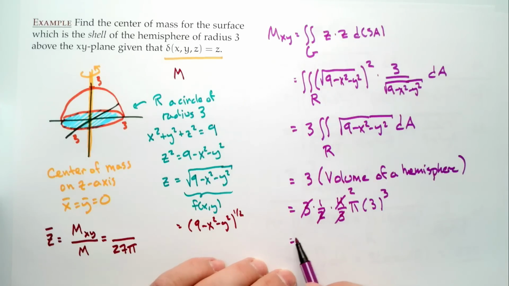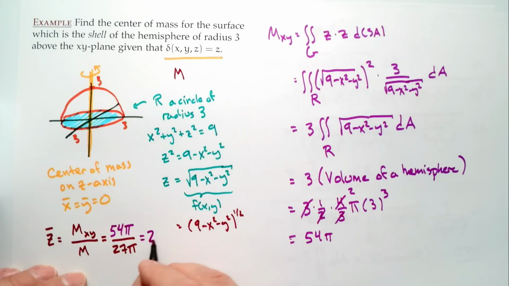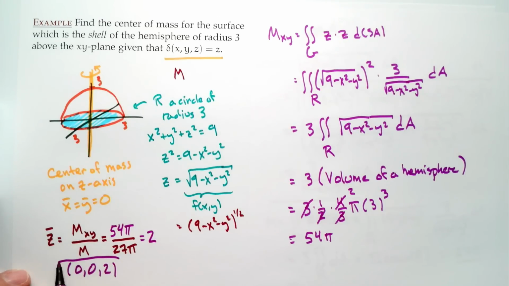We end up with 54 pi, because I'll get 2 times 27. So that's our moment with respect to xy. That goes here, 54 pi. Well, 54 pi divided by 27 pi gives us 2, which means our center of mass is at 0, 0, 2.